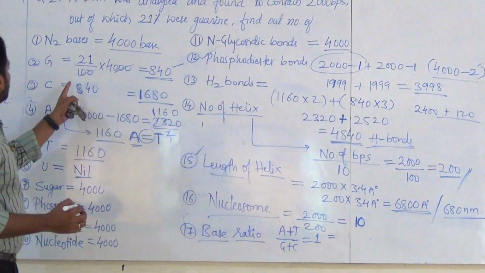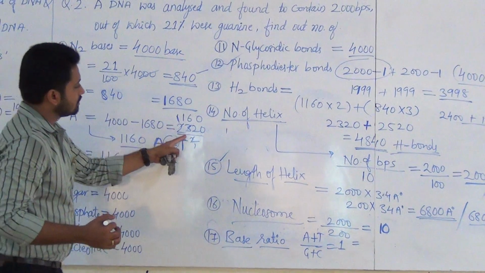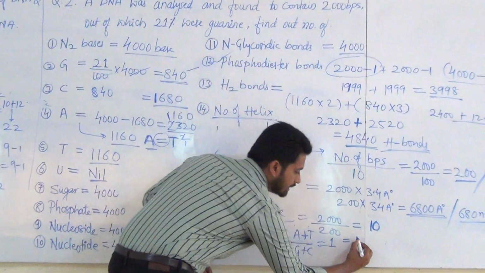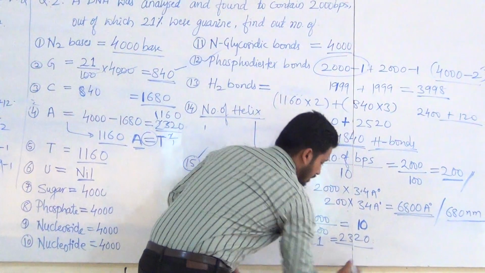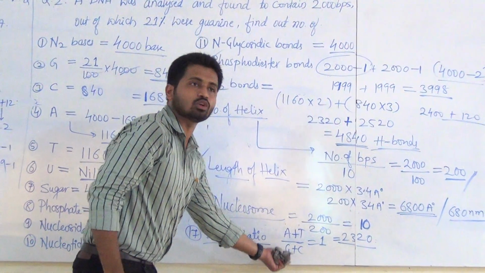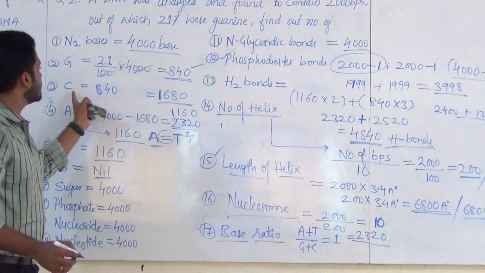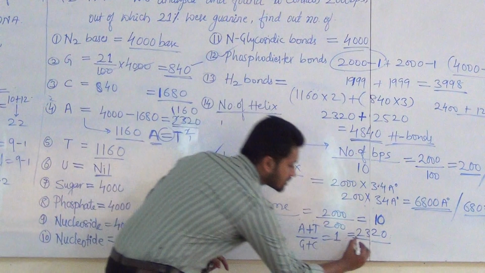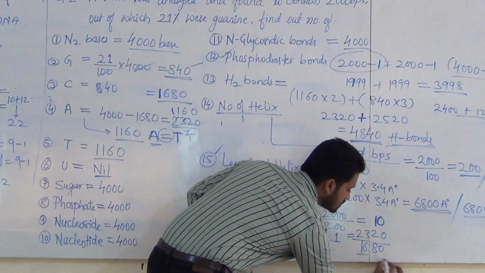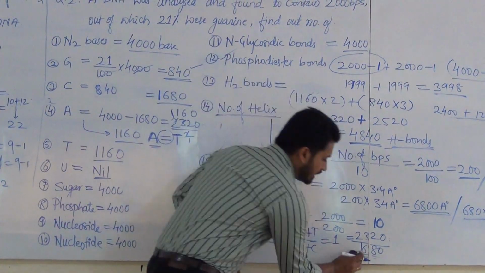This one, A plus T, that is 2320 divided by what? Guanine plus cytosine. What is guanine plus cytosine here? Guanine 840, cytosine 840. It will be 1680.